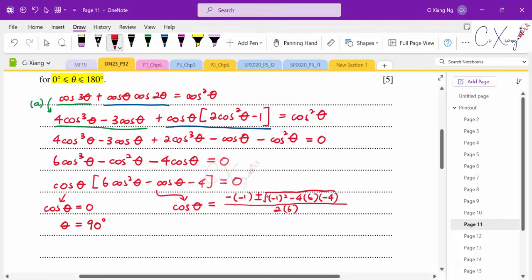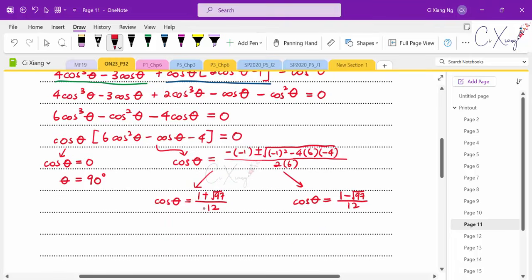One of the values is cos theta equals 1 plus square root 97 divided by 12. Another one is cos theta equals 1 minus square root 97 over 12.